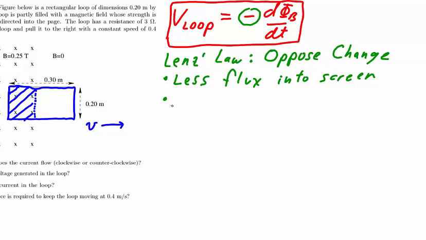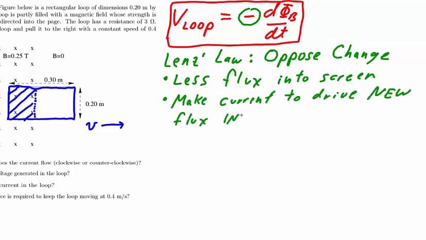And the answer is simple. The loop will make some current to drive new flux into the screen. In this way, the loop attempts to compensate for the lost flux due to the motion by generating brand new flux. We determine the direction of magnetic field and therefore magnetic flux by using our right hand and curling the fingers on our right hand.